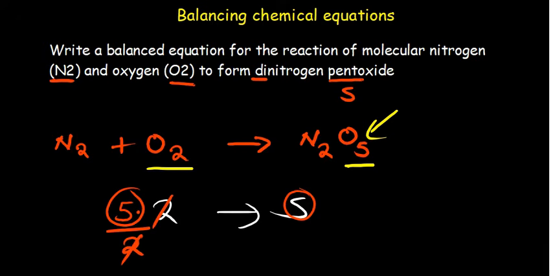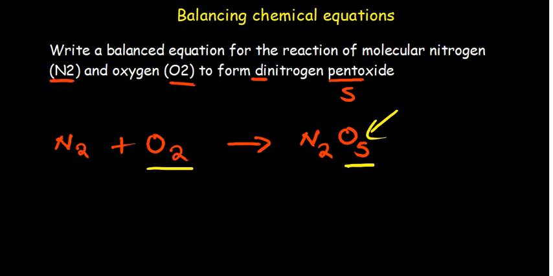So we can use 5 over 2 to balance. Not necessarily that we are supposed to cancel them from the equation, no, just have that in mind. At this point, we have 2 nitrogen atoms, 5 oxygen atoms on the left and 5 oxygen atoms on the right, so they are all balanced.